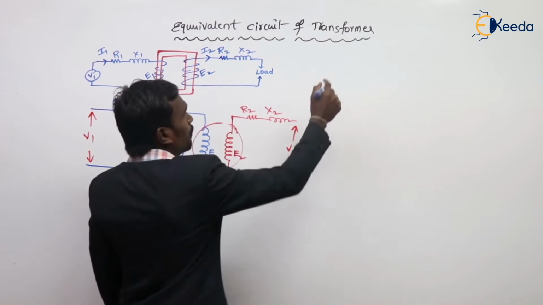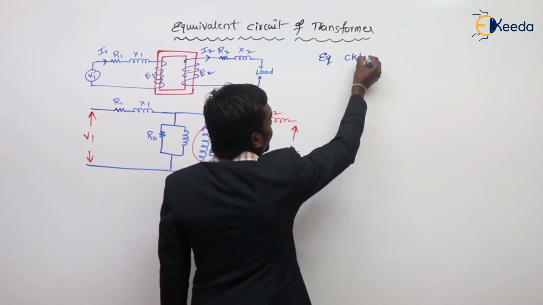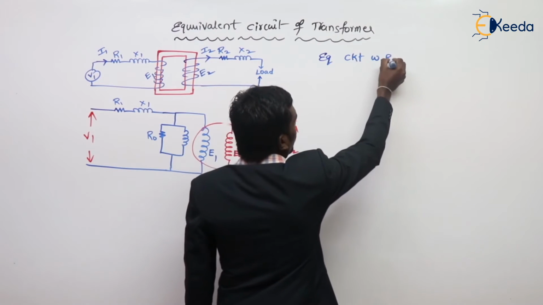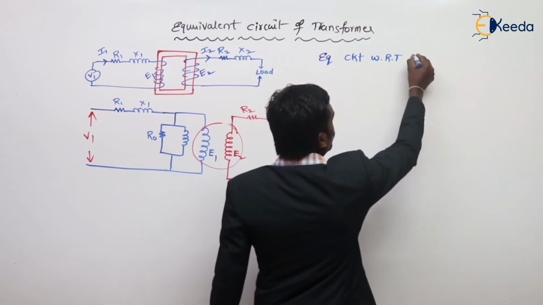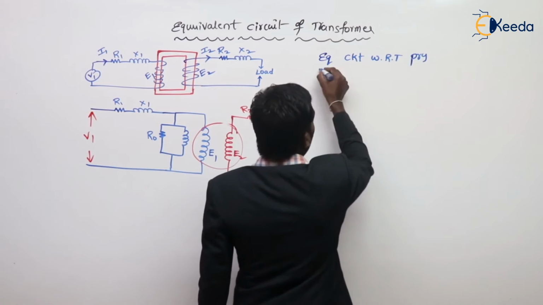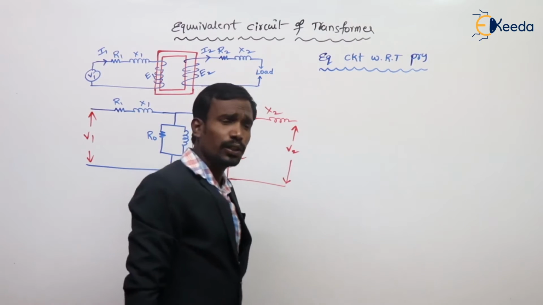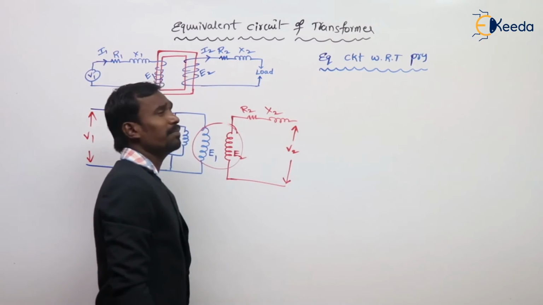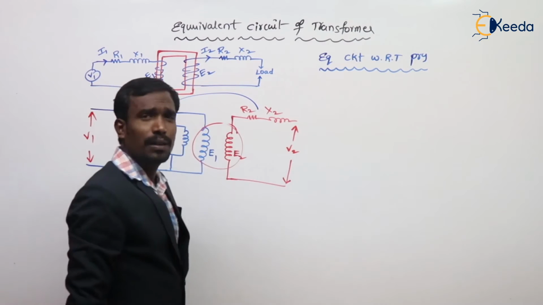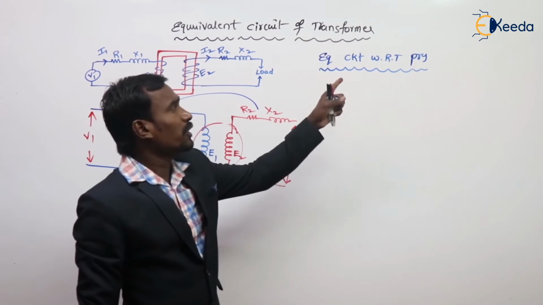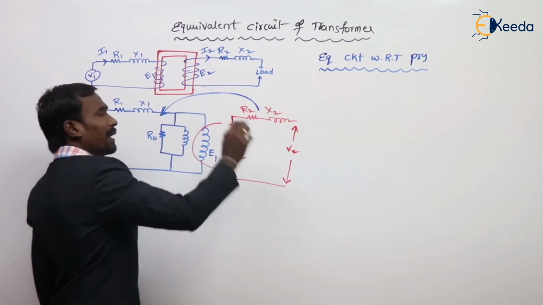Let's see, for example, I am drawing the equivalent circuit with reference to the primary. Equivalent circuit referred to primary means the secondary parameters are transferred into the primary.